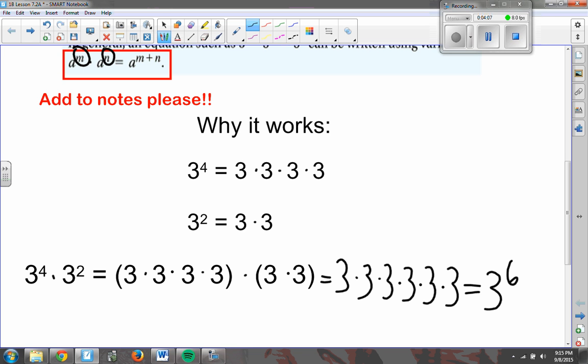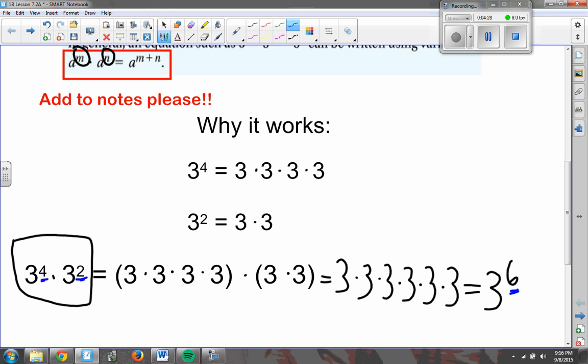Okay? So we started here with 3 to the 4th power times 3 to the 2nd power. We ended up at 3 to the 6th power. Okay? The reason we did that is because 4 plus 2 more 3's gives us 6 3's where we're there. All right?